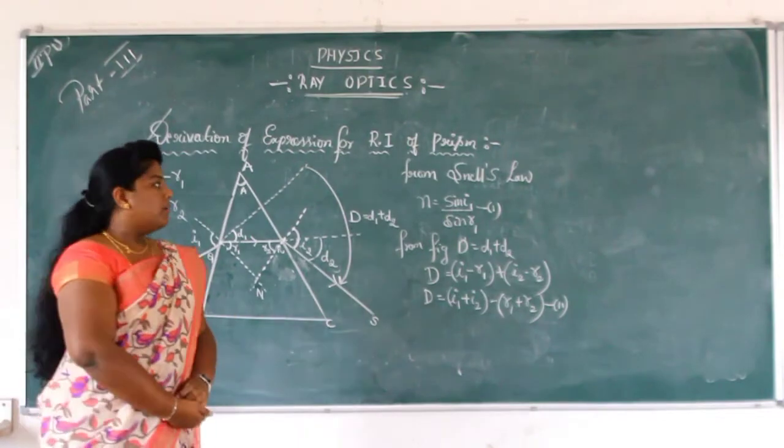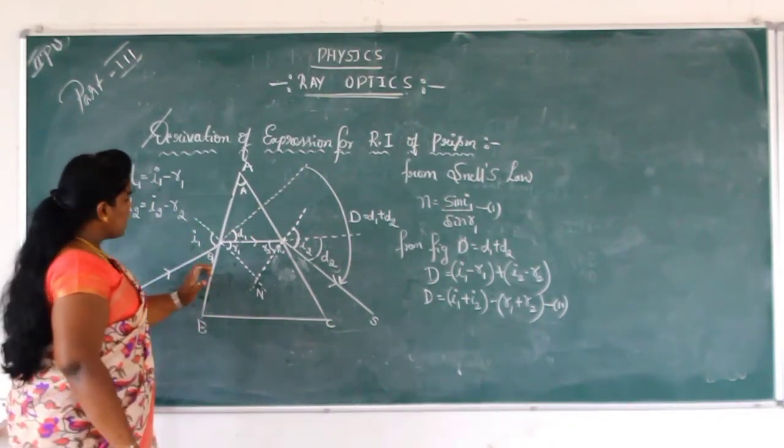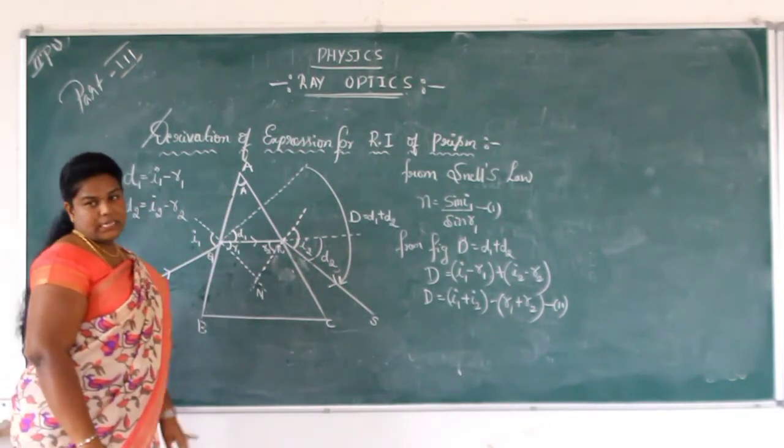Observe carefully that we have written so many rays so that we got A, Q, N, R as a quadrilateral.